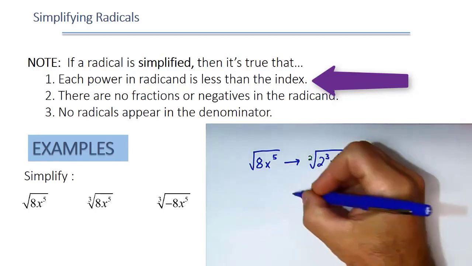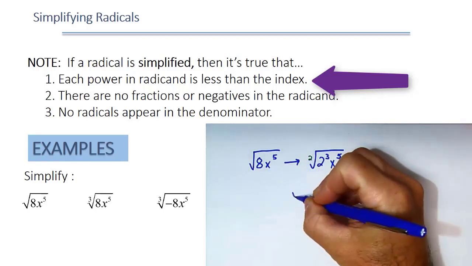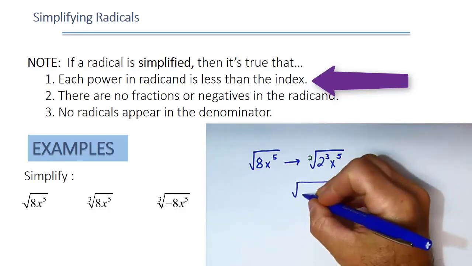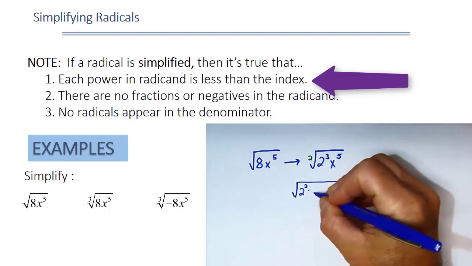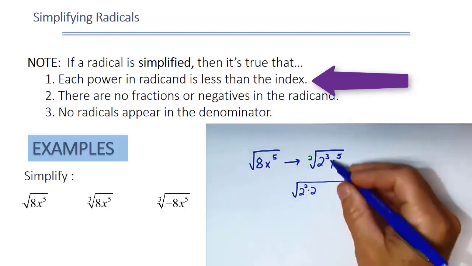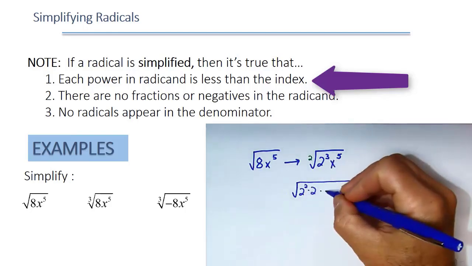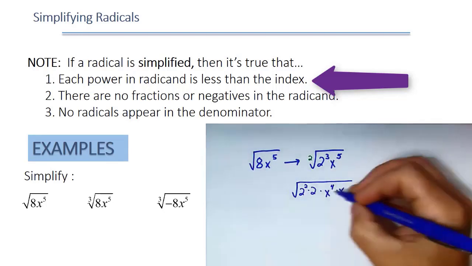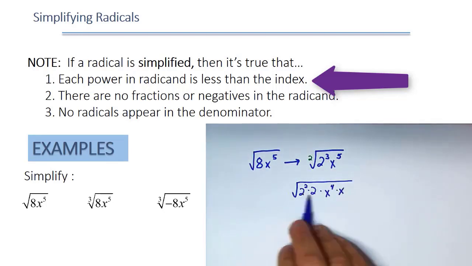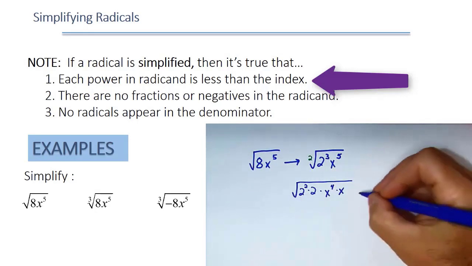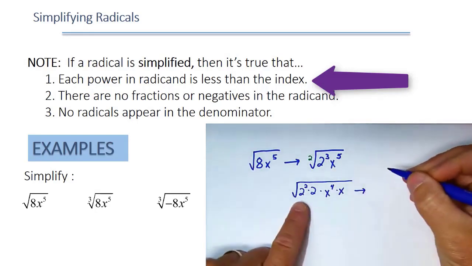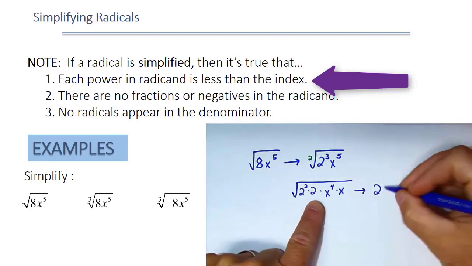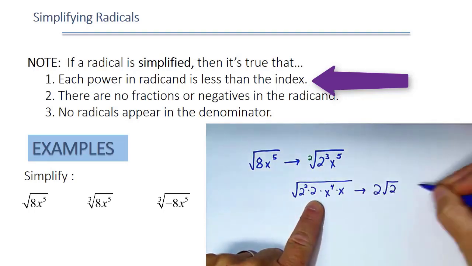And here's why. If we were to break this down, and I'm going to put extra steps that you don't usually need to do, you could say that that is 2 squared times 2, that's 2 to the third, right, times x to the fourth times x. Now, the reason I broke out the 2 squared and the x to the fourth is because we know what the square root of those are. The square root of 2 squared is 2, and then we'd be left with the square root of 2.